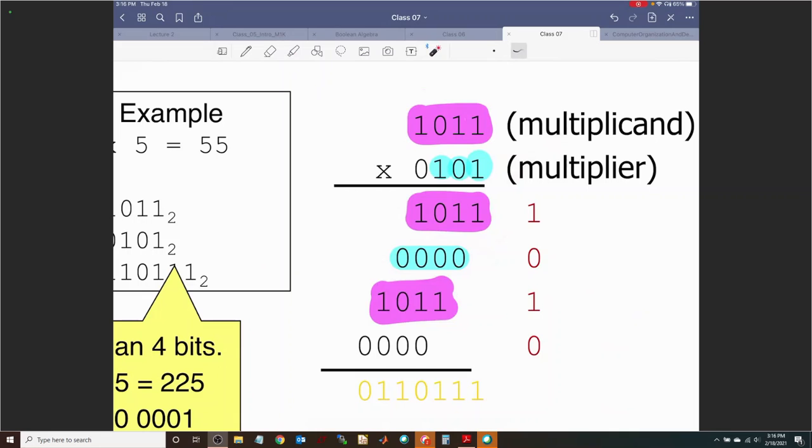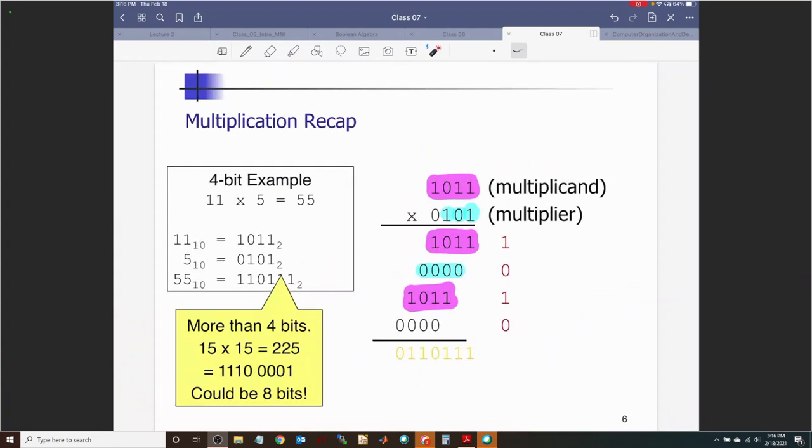That's it. As you move through the multiplier, you start all the way to the right, at the least significant bit, then you move left, then left, then left. And as you compute the partial products, you also move left one bit at a time as you go through the bits in the multiplier.